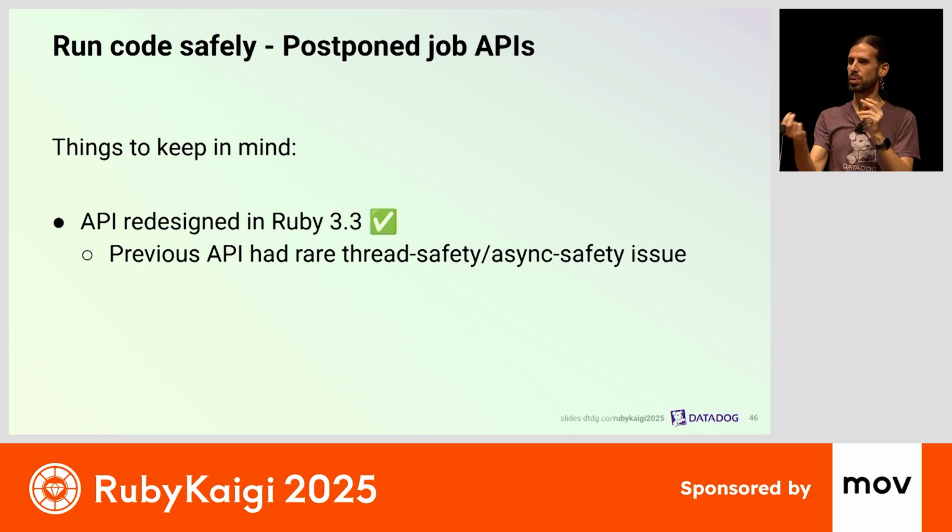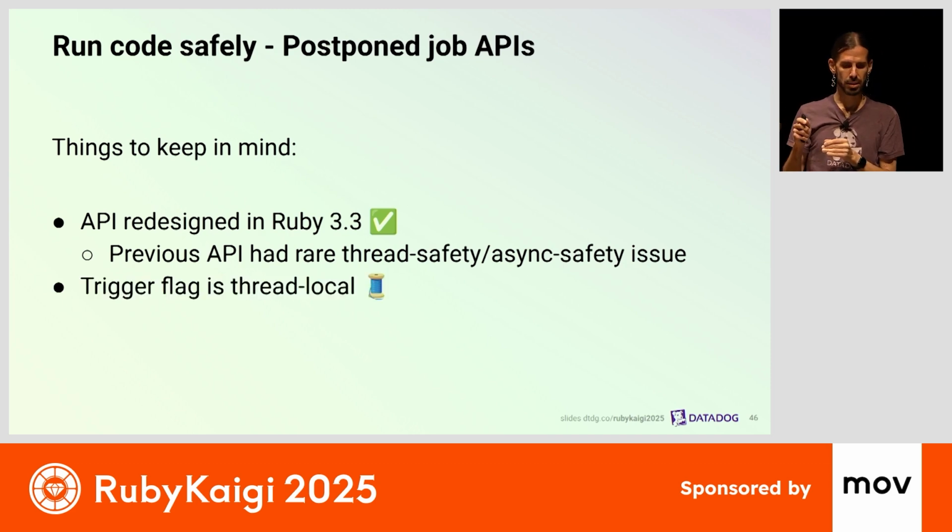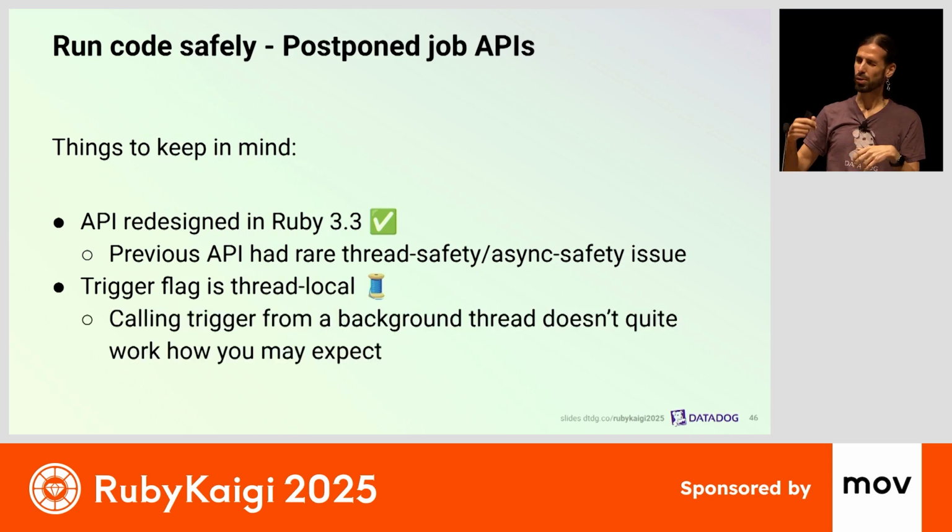So if you want to use it with older Rubies, you still can, but you need to take into account that you might be hit by this problem. And the other thing is that when you call trigger, the trigger flag is thread local, which means that if you call it from a background thread, it might not work as you expect. So you might want to experiment a bit and read a bit into how to use that correctly.